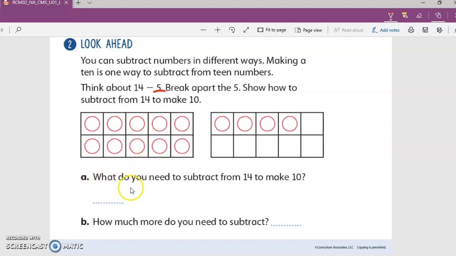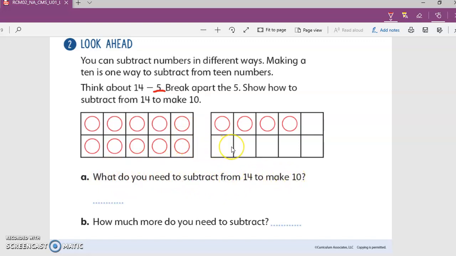So the first question says, what do you need to subtract from 14 to make 10? Here is our 10 frame, and it has 10 circles. And then there's 4 more circles over here in a 10 frame. So altogether we have 14 red circles. What do we need to subtract from 14 to make 10?